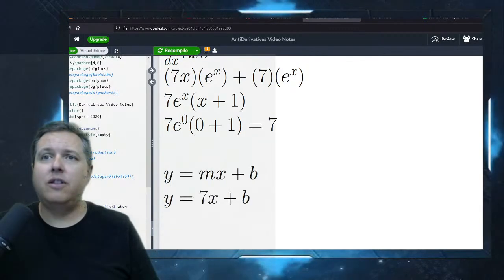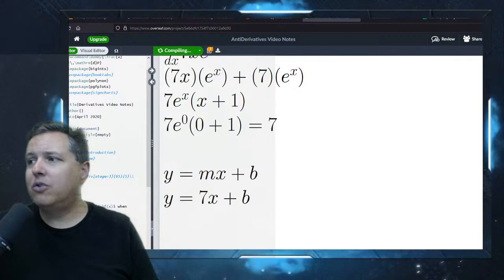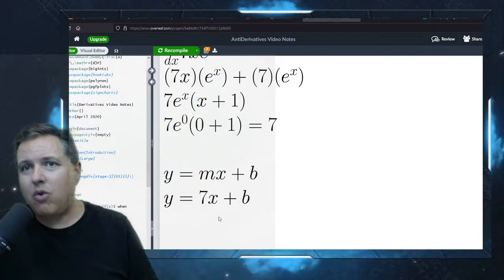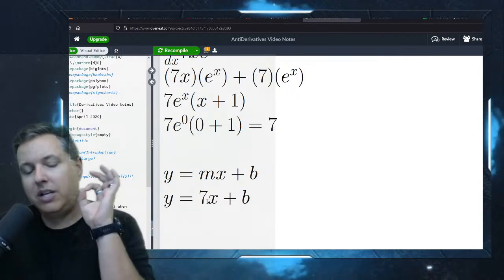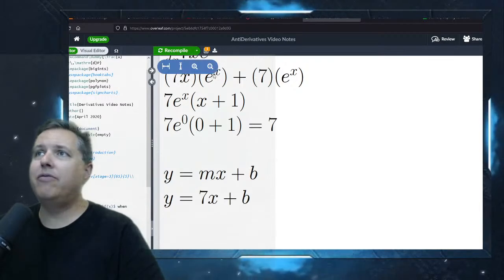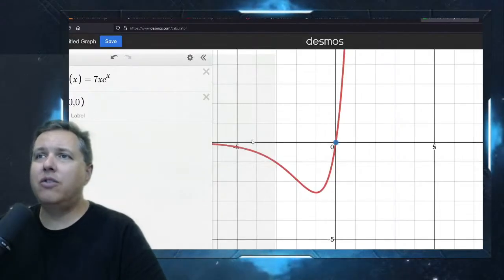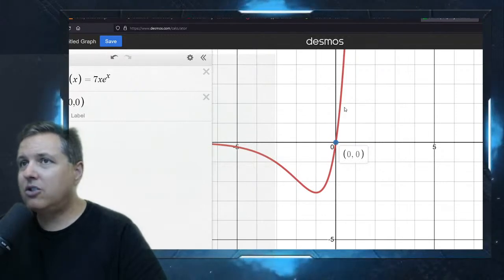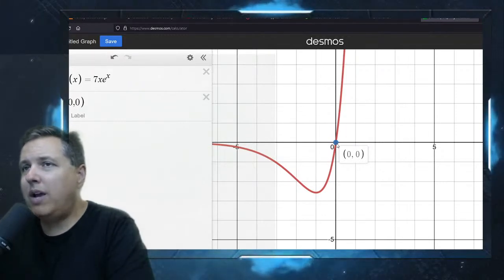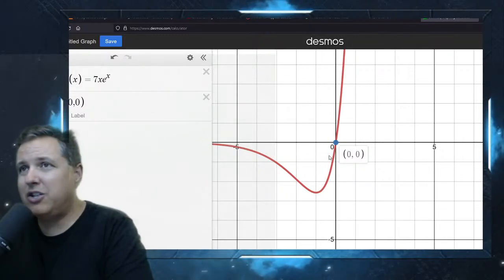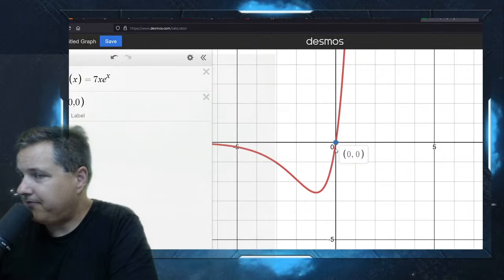Right? So the thing we're missing in order to solve for b is to plug in the x and y of the point that we care about. We need to plug in the x and y from a point that's on the graph, and we already saw the point we care about is 0, 0. We get it from the curve, but we also know that the tangent line is going to go through that point.